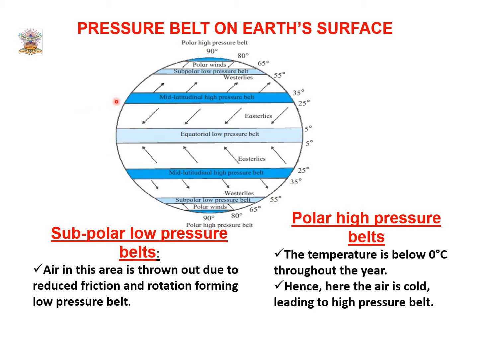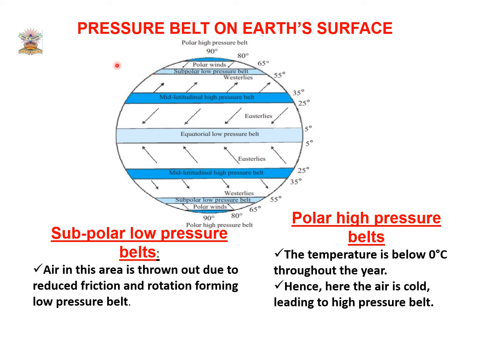Now, after learning about the mid latitudinal high pressure belt, let us go to the subpolar low pressure belt. Now, children, you have seen the shape of the earth, the curvature, and this area becomes less over here.